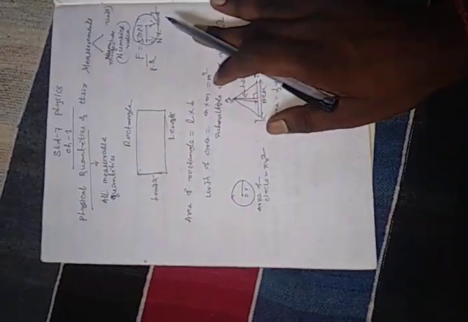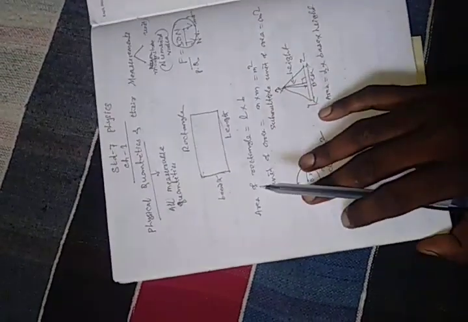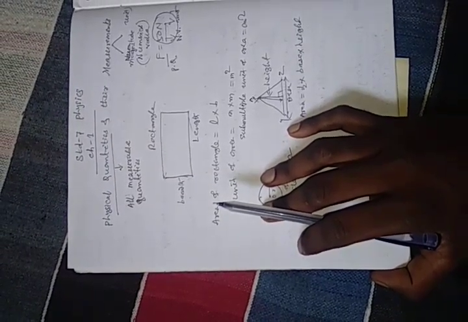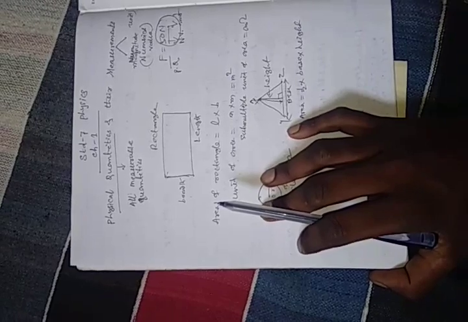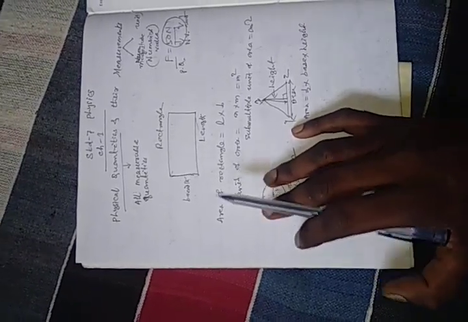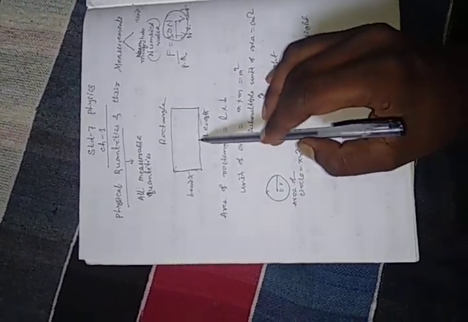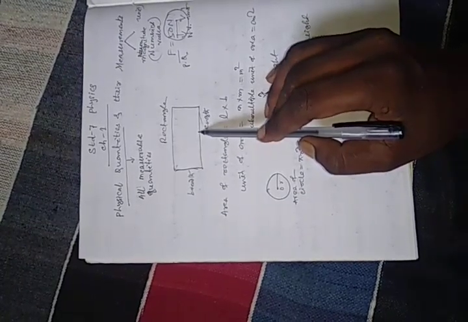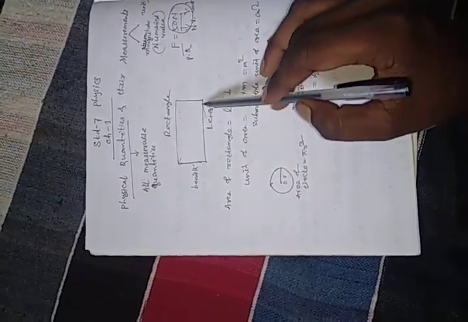We know that area is the region enclosed within a closed two-dimensional figure. So let us consider a rectangle. A rectangle has extension in two dimensions. Two-dimensional means it extends in two directions.